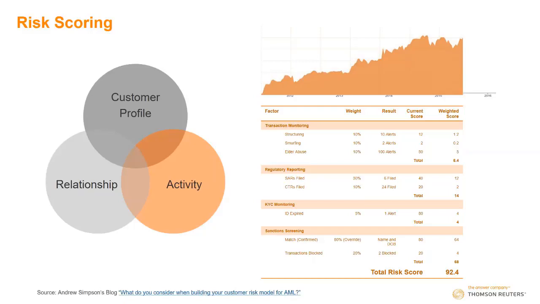One of the things we wanted to talk about in terms of risk scoring is that many times the risk scoring models that get implemented are very static. They look at the customer profile, but based on their activity, nothing is getting updated.